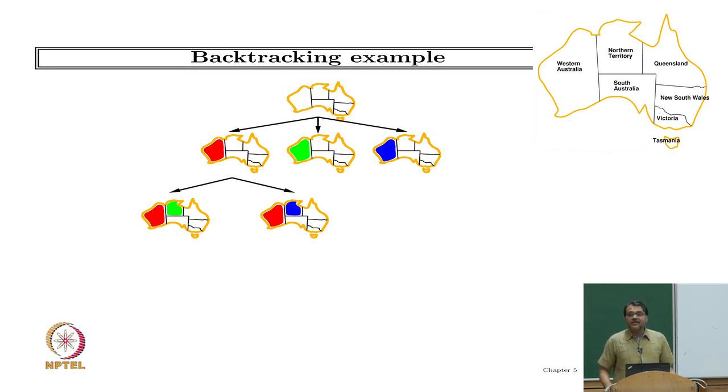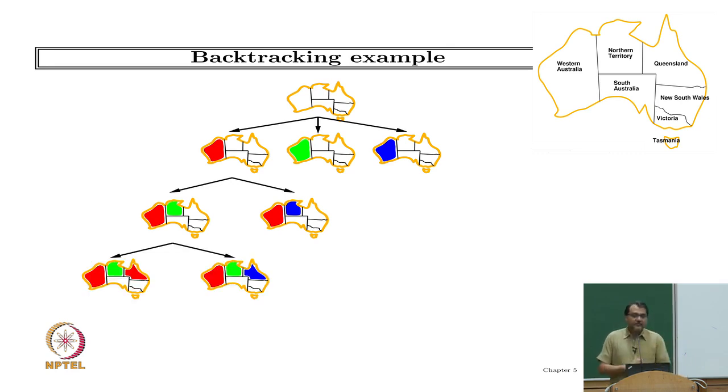Even if we do, the state is going to say, oh, constraint violated, backtrack, and whenever a state says that, you are going to backtrack, right, and this keeps going. For example, at some point you may branch on Western Australia red, Northern Territory green, and some value for Queensland.